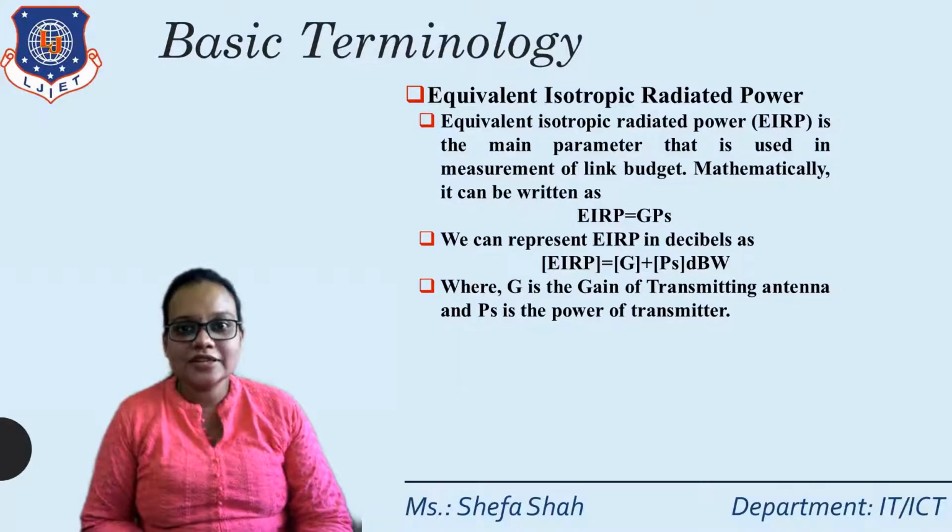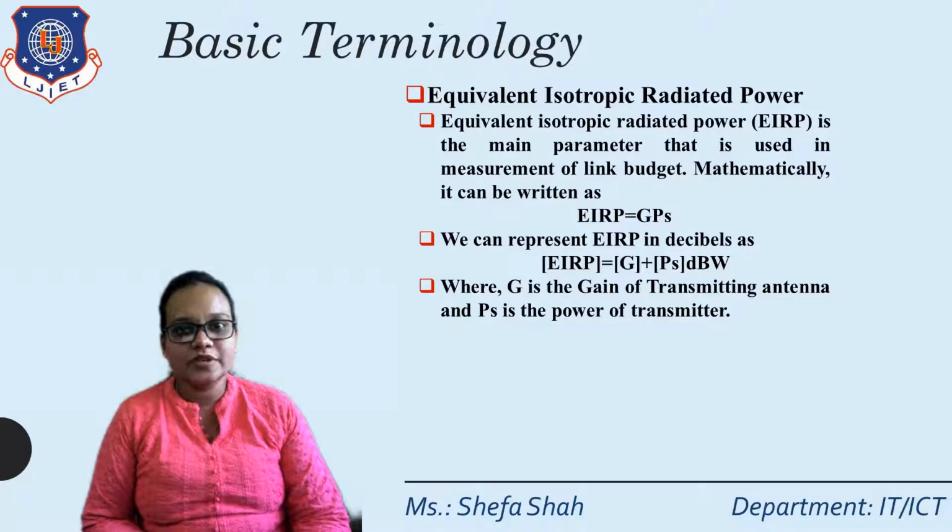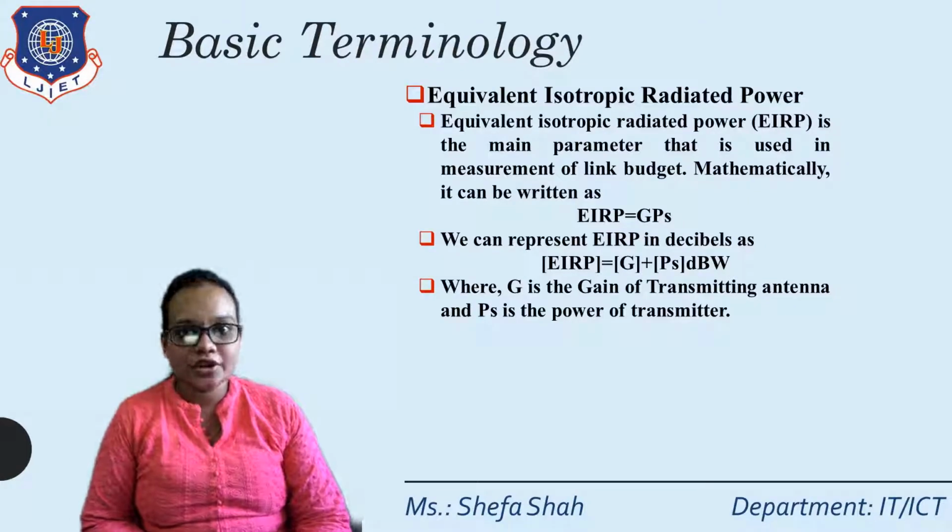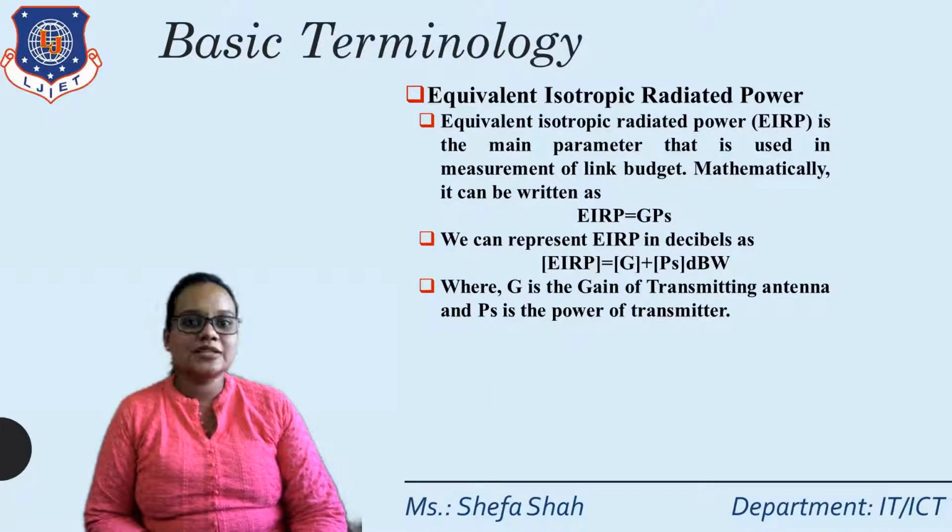But when we represent EIRP in terms of decibels, as we discussed in the introduction slide, in this whole space link chapter we will describe the power in decibels. So when we convert this value into decibels, we need to take log 10 on both sides.